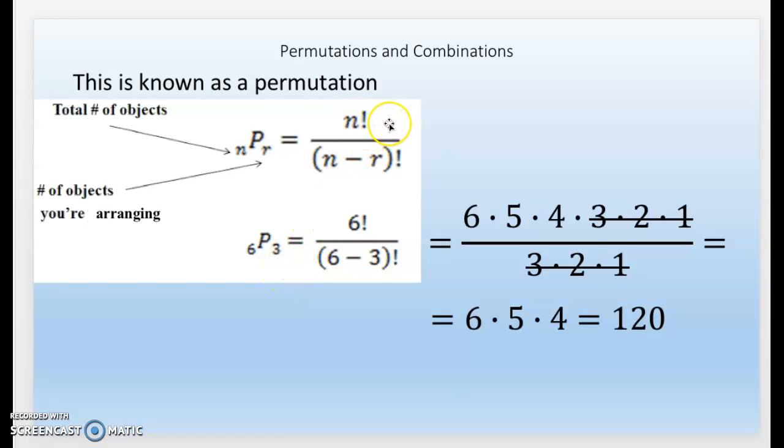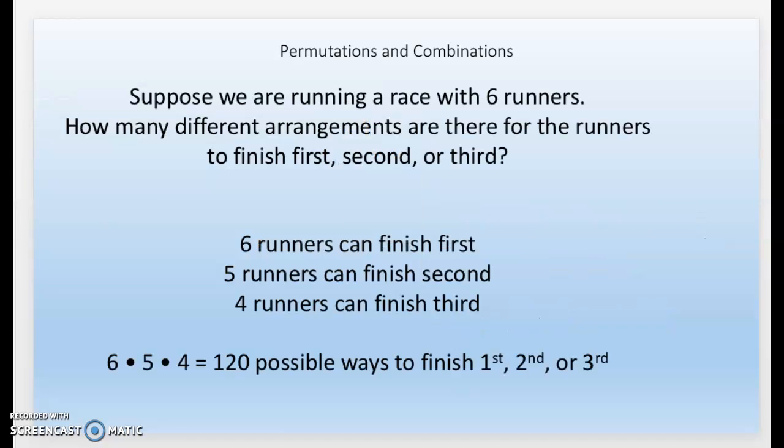And this is the formula: n factorial over n minus r factorial. In our case, it was 6 factorial over 6 minus 3 factorial. So the bottom is 3 factorial, 3, 2, 1, and the top is 6, 5, 4, 3, 2, 1. The 3, 2, 1 can cancel out, so we end up with 120, which is what we got before.